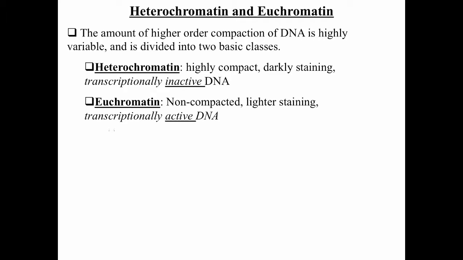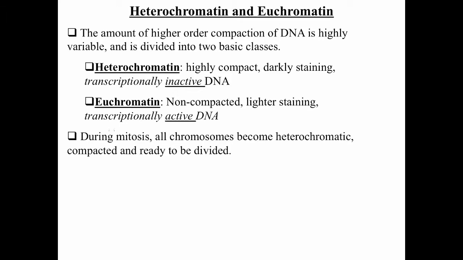Euchromatin is not compacted, it's lighter staining, and it's transcriptionally active. Because it's less compacted, it's much easier for the transcriptional machinery to access the DNA, turn the DNA on and perform transcription off of it.